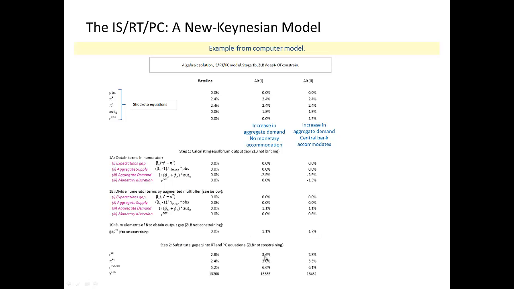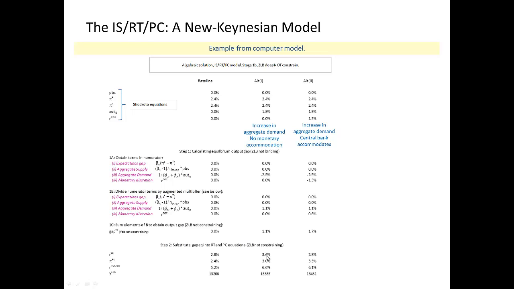So it turns out that we plugged in our equilibrium output gap into our equations for real interest rate, inflation, nominal interest rate, and what do we find? That here in alternative one, where we had no monetary accommodation, our real interest rate rose from 2.8%, the natural interest rate in the baseline, to 3.6%, which is a pretty sizable hike.